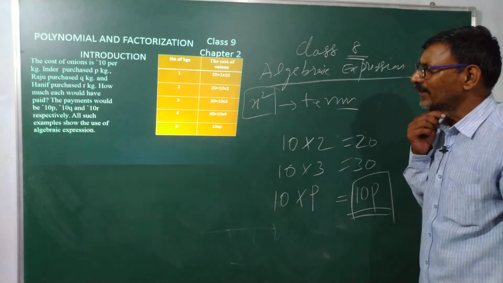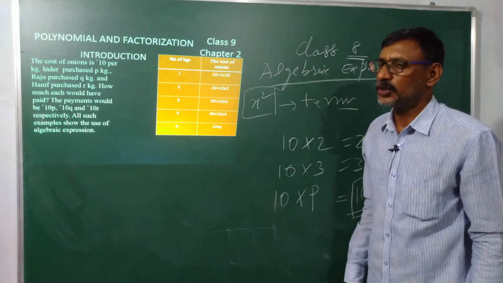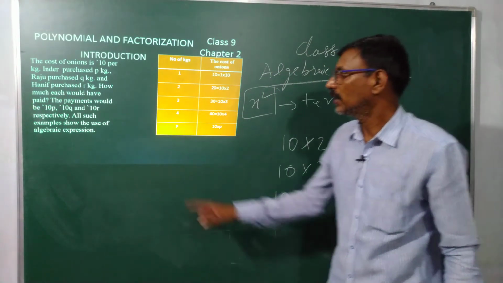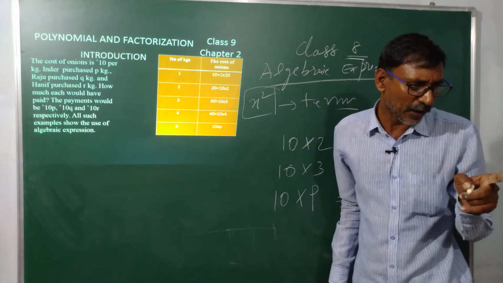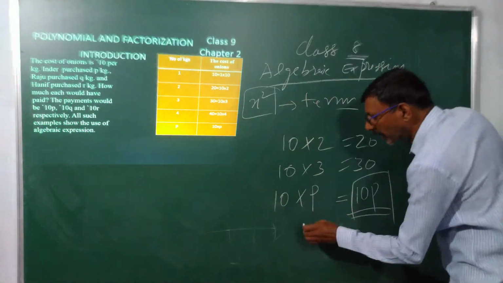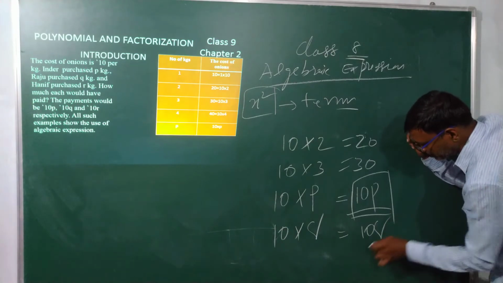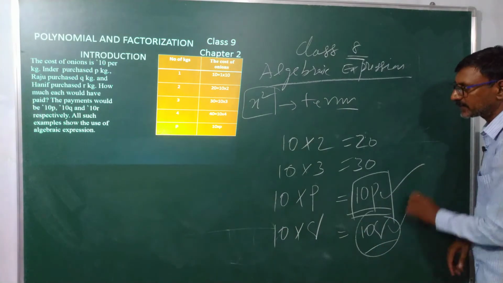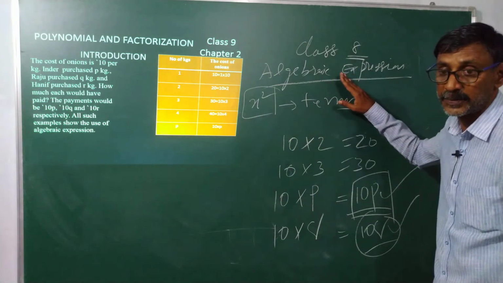The next one, Raju purchased q kgs. 1 kg of onions, 10 rupees. Now we have q kgs. I don't know what q is. 10 into q, 10q. This and this are also called terms in an algebraic expression.